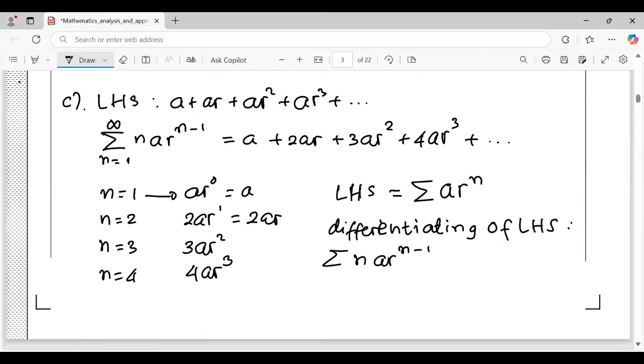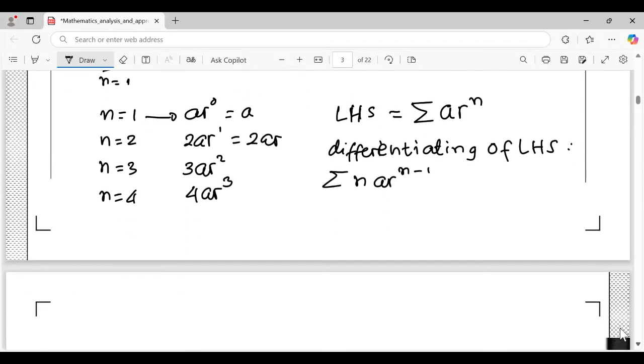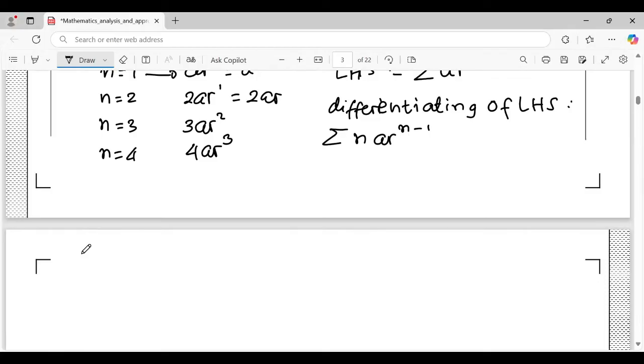This is part 1, the left-hand side. Next, the right-hand side, I mean. The right-hand side is a over 1 minus r.